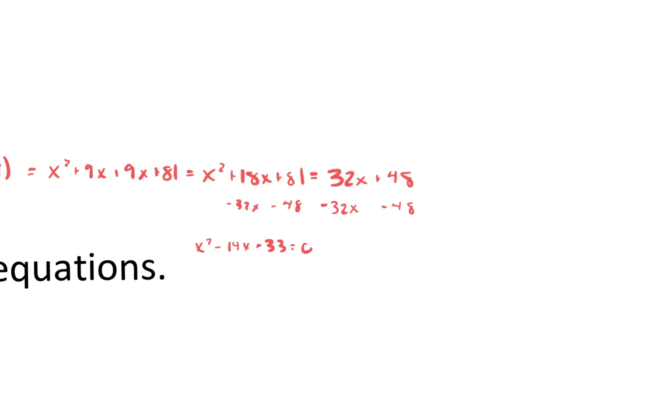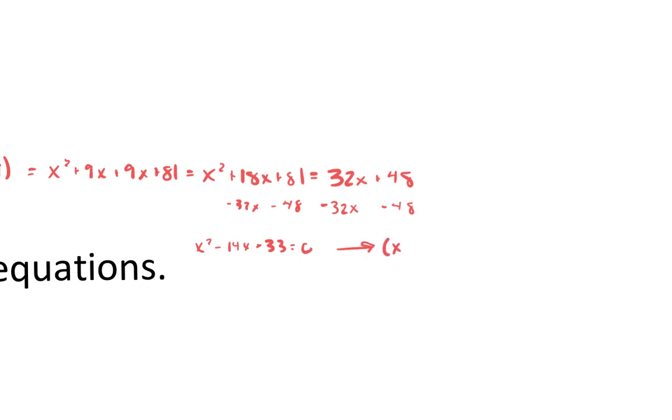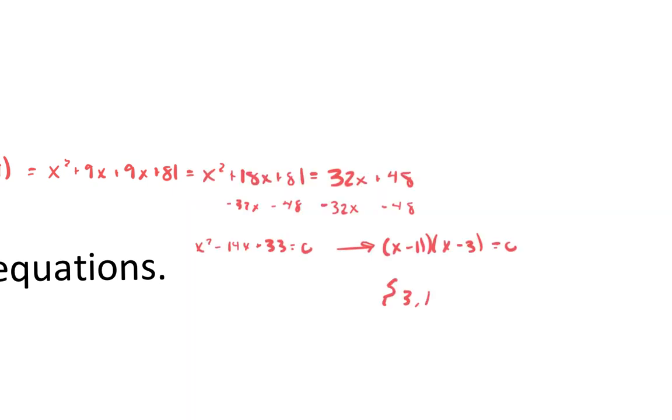Two numbers that multiply to 33 and add to negative 14 are going to be x minus 11, x minus 3 is equal to 0. So our solution set is going to be 3 and 11.